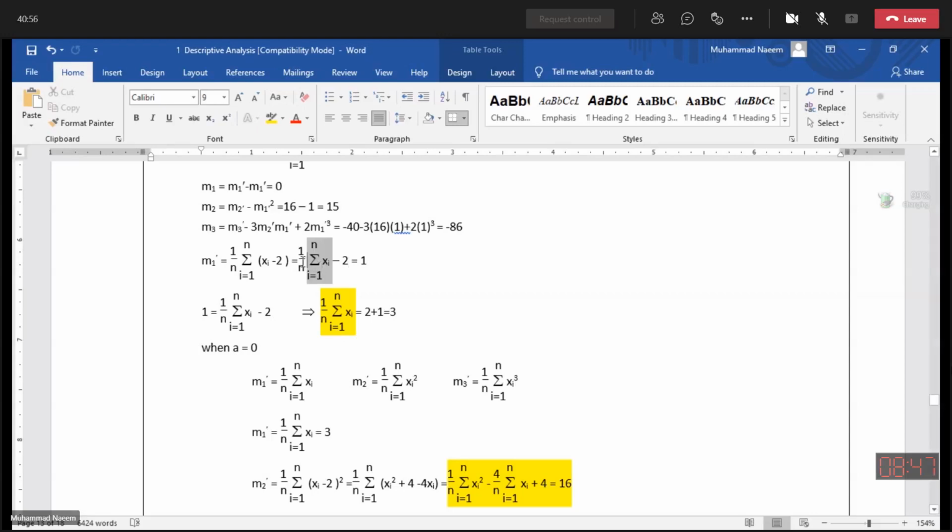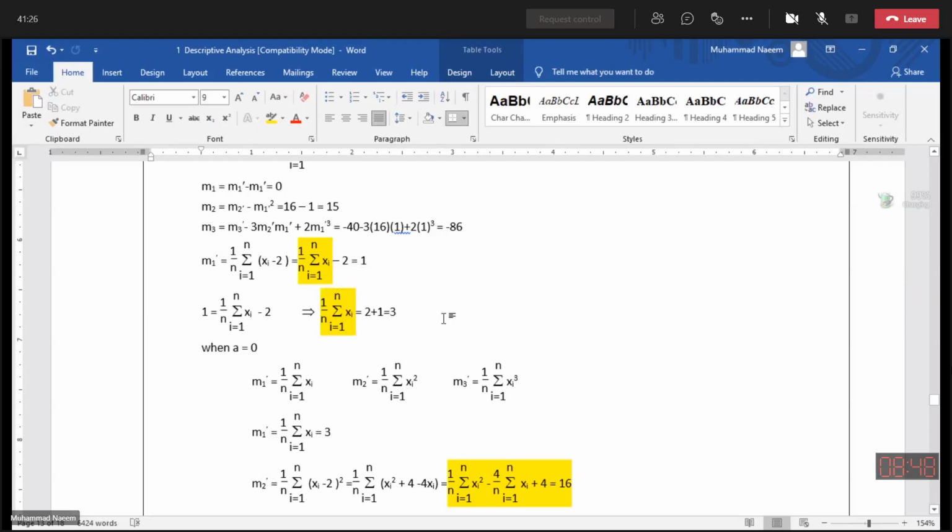Except this one, shift all others to the right hand side. So we have 3 on the right. What is 1 over n sigma xi?